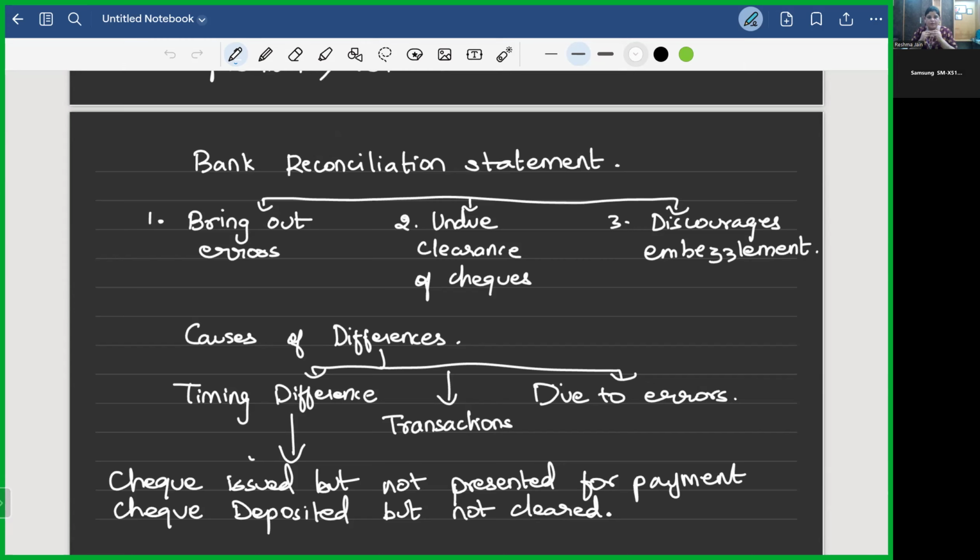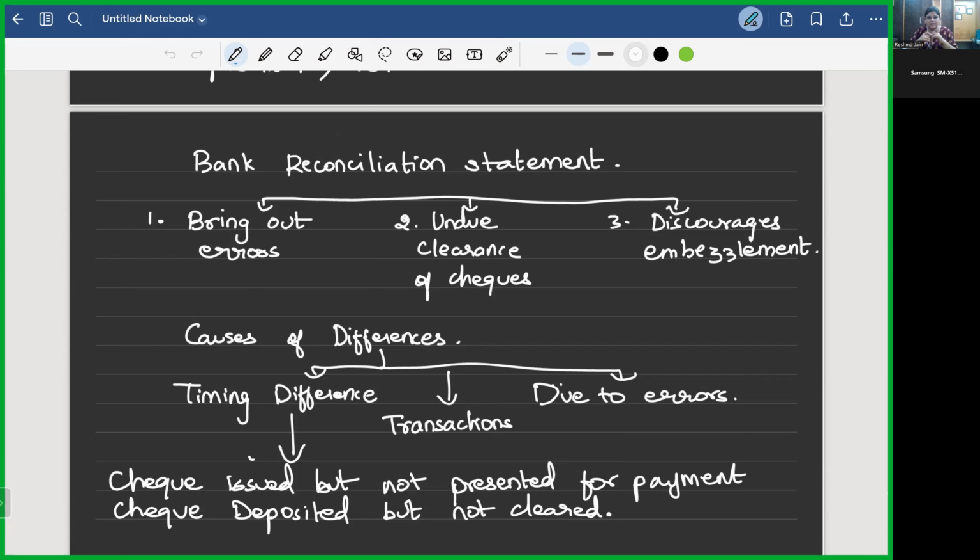But my bank, unless and until the amount has come into my account, will not record it. When the cheque is cleared and the amount comes to my account, it will show as an amount collected in my passbook, that is, a credit. So this is the timing difference due to which there is a difference between the passbook and the cash book.